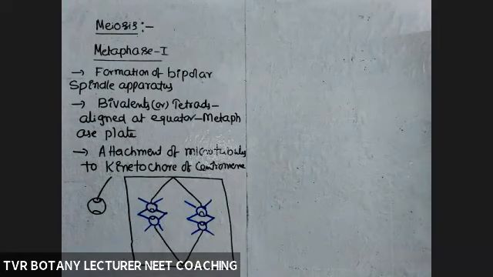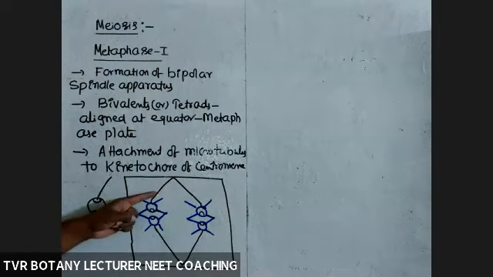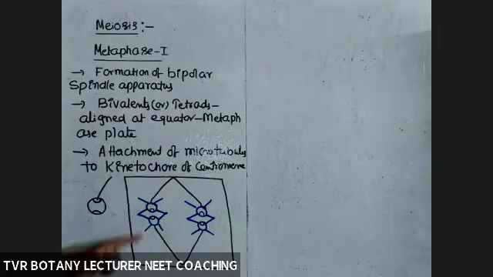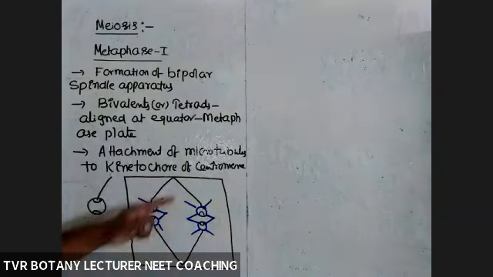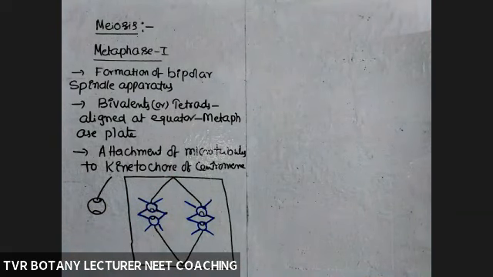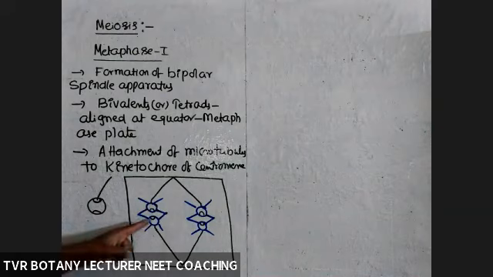That is very important. See here, microtubule is attached to centromere towards one side or both sides? Only one side, towards the pole side. What about the kinetochore towards equator? Free, not in contact with microtubule. Okay, this point is very, very important.